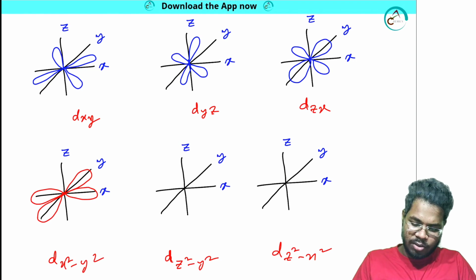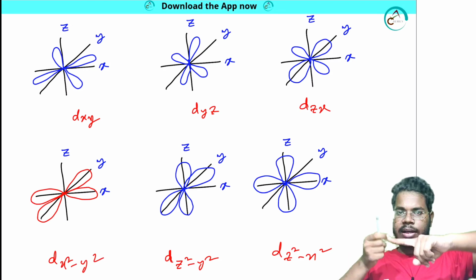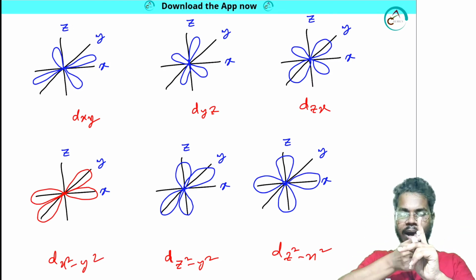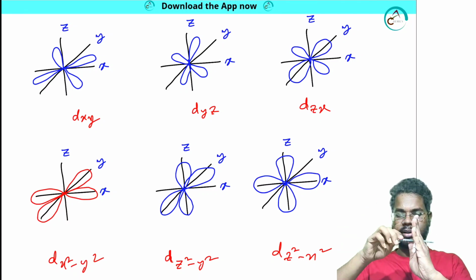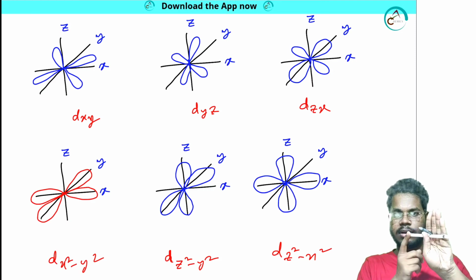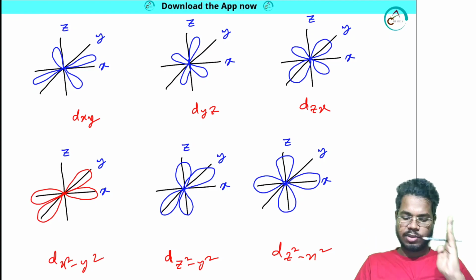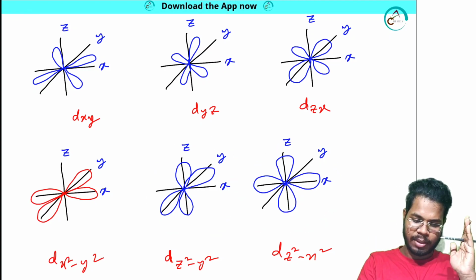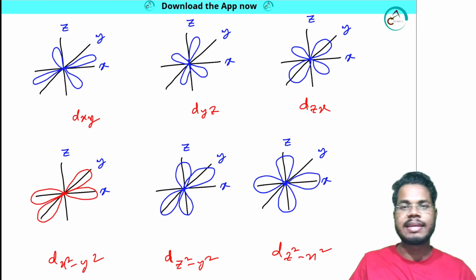So now what I need to do is draw this. In case of z and y, I just need to go through z and y, it's done. In case of z and x, I need to go through z and x, it's fine. So now you can imagine that this is our z, this is our y, and this is our x. In both of these examples, z is common.